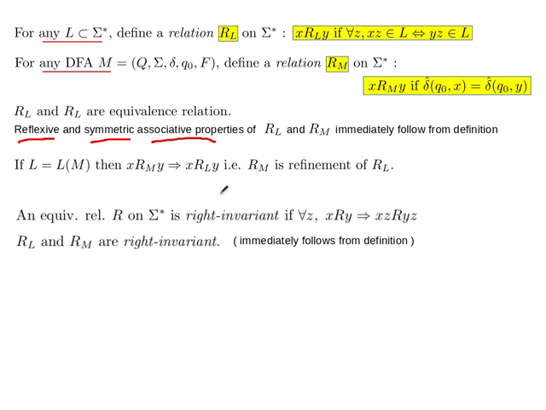There's nothing to prove there. And as I said, if it is a regular language and accepted by this M, then this implies this, and that means Rm is a refinement of RL. But later we will prove a similar kind of thing, not assuming that this L is regular.